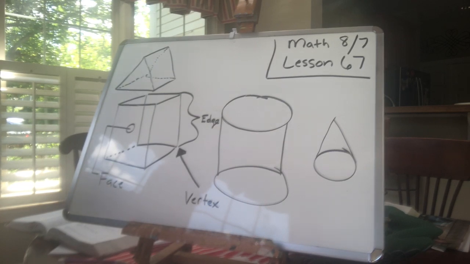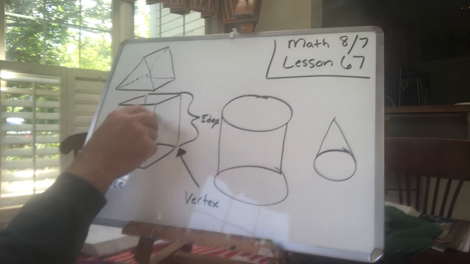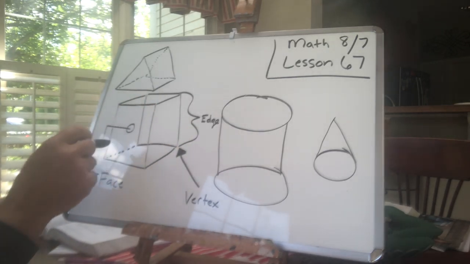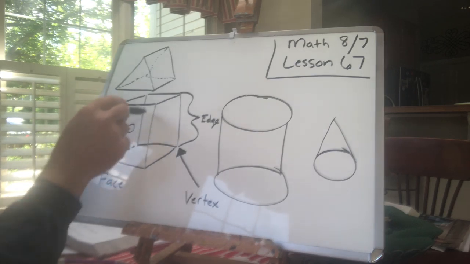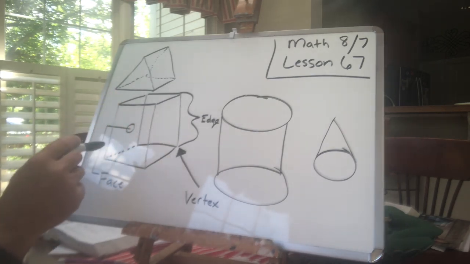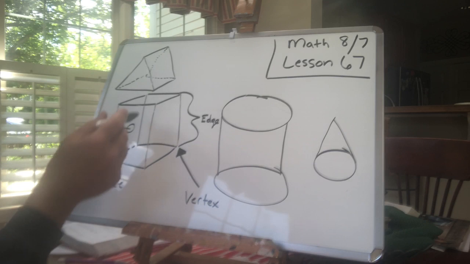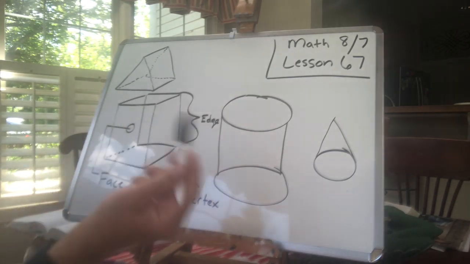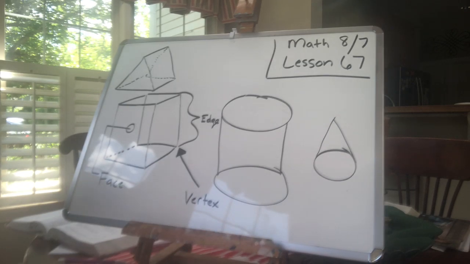Well, there's 6 of them, and I know each one has an edge of 5, so 5 times 5 will give me the area of 1 face, and that's 25. How many faces are there in a cube? There's 6, remember? There's 6 numbers on a dice. So 6 times 25 would be 150, okay?